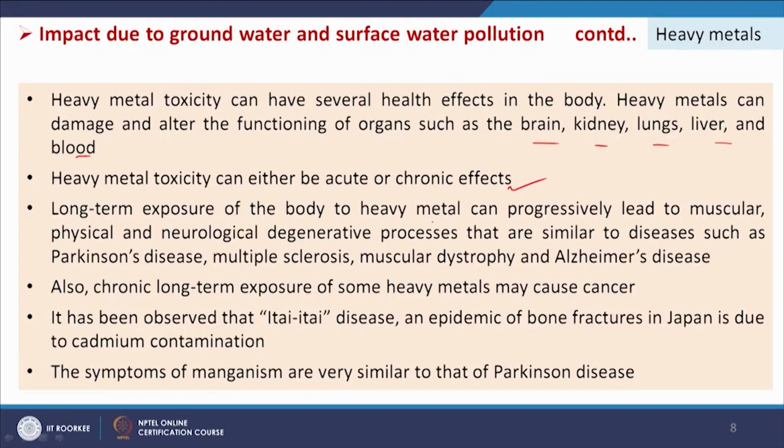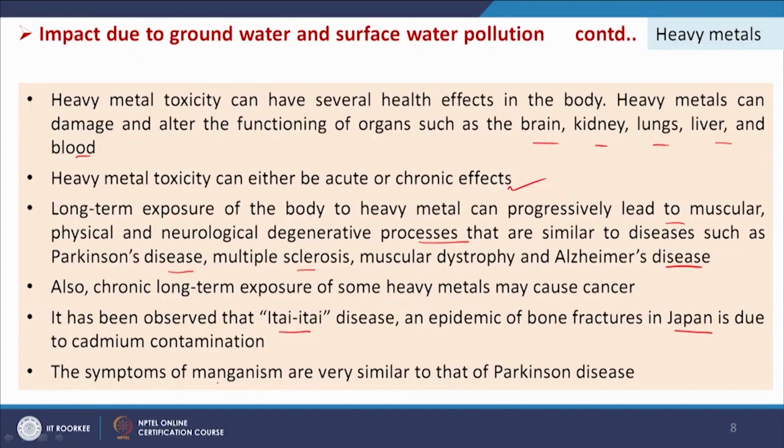Now, long term exposure of the body to heavy metals can progressively lead to muscular, physical and neurological degenerative processes that are similar to diseases such as Parkinson's disease, multiple sclerosis, muscular dystrophy and Alzheimer's disease. So, these are some examples of diseases caused by heavy metal contamination.